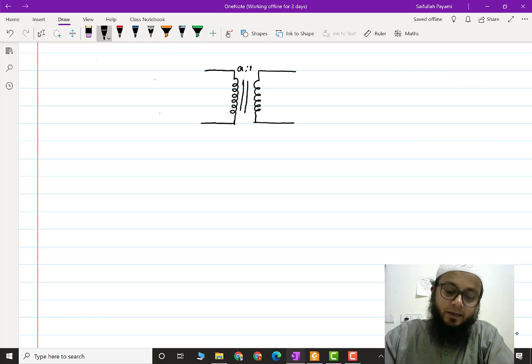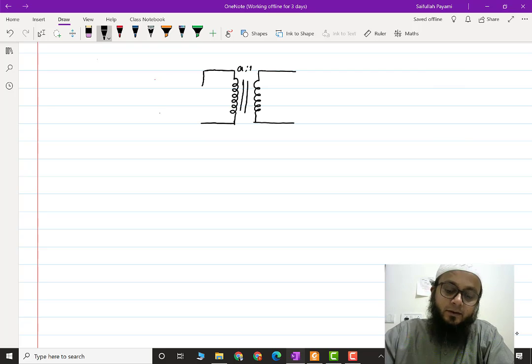We said that the practical transformer will require some magnetizing current because of finite permeability, and that it has core losses because of hysteresis and eddy current losses.